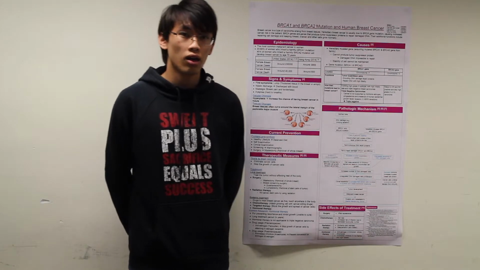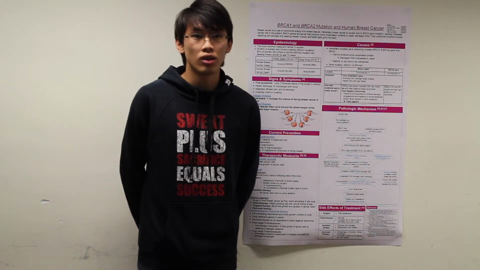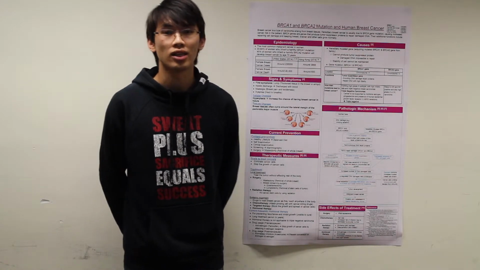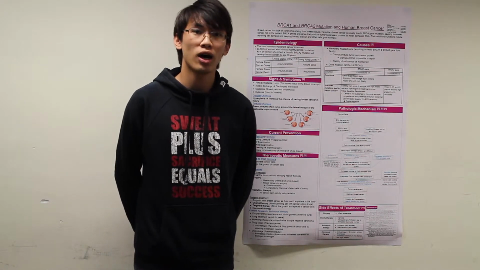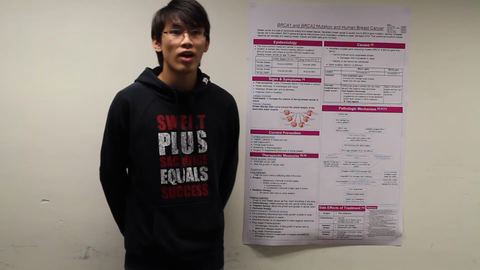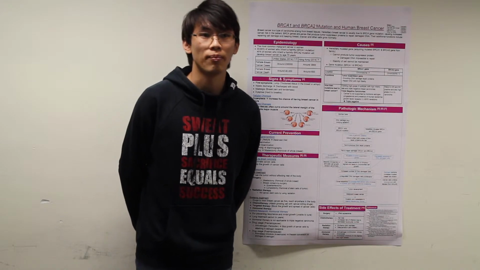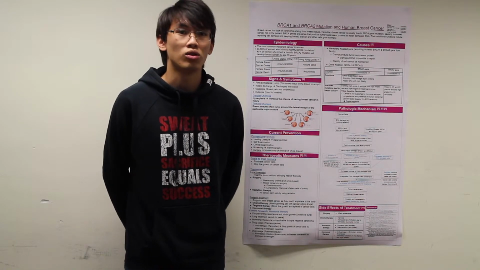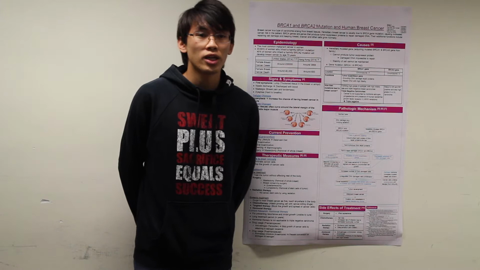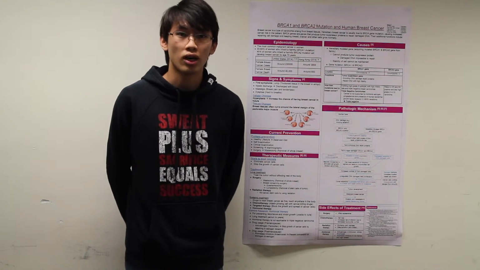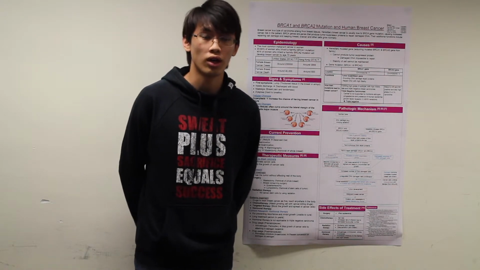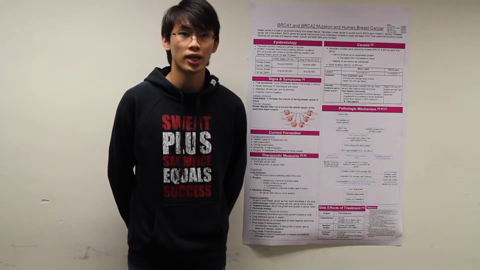On the other hand, to treat breast cancer that has spread to other parts of the body, using chemotherapy or hormonal therapy is an effective method. Chemotherapy uses cytotoxic drugs to kill or inhibit the growth of cancer cells.